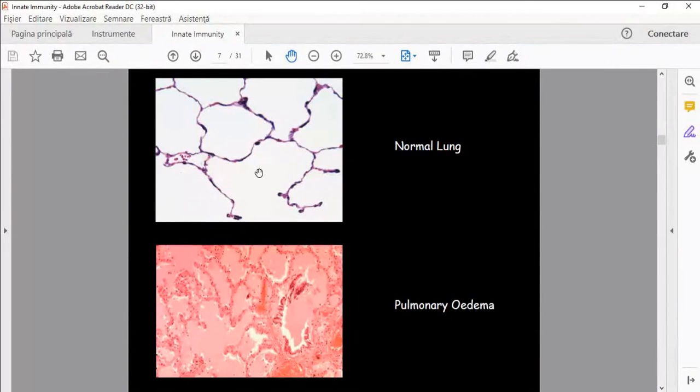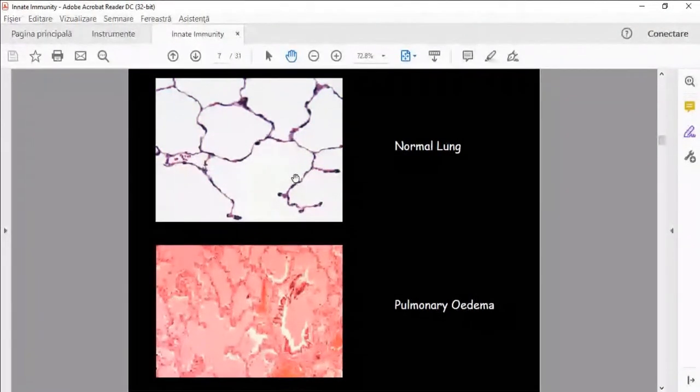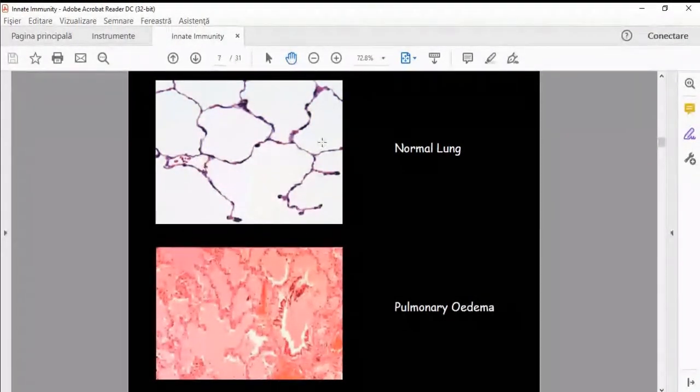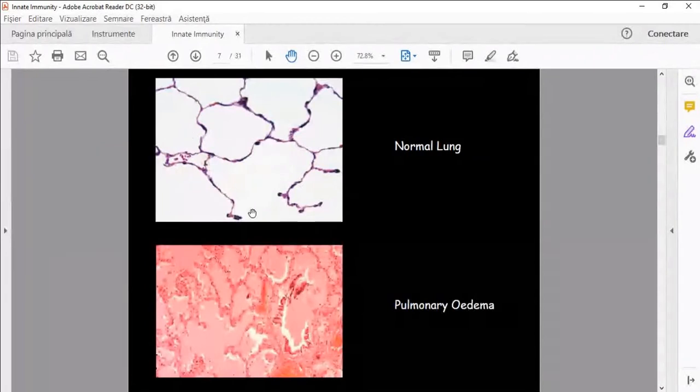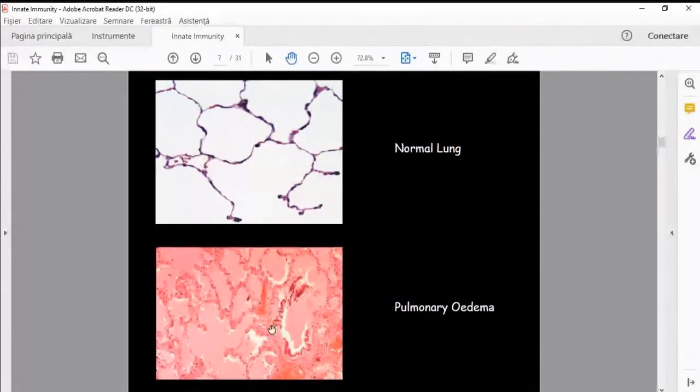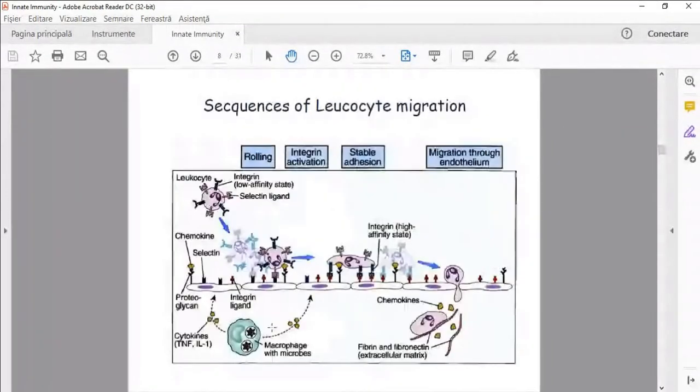For example, we have some pictures of inflammation, because inflammation can be seen in any tissue. Here is a normal lung image and pulmonary edema as a result of inflammation.